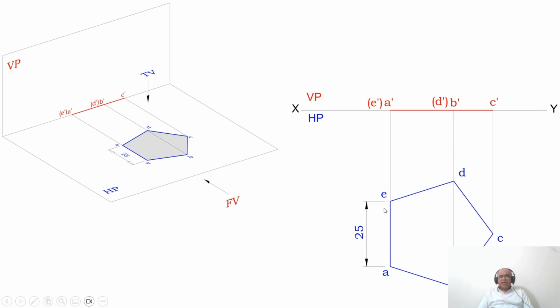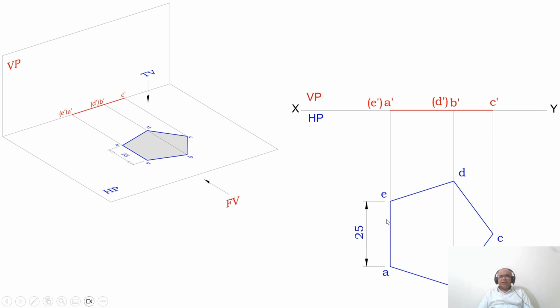You mark this as A and E. By using the protractor, keeping its center on A, with respect to AE you measure an angle of 108 degrees, which is the included angle, or 72 from the exterior angle, and mark a point. From A to that point, you join and extend.